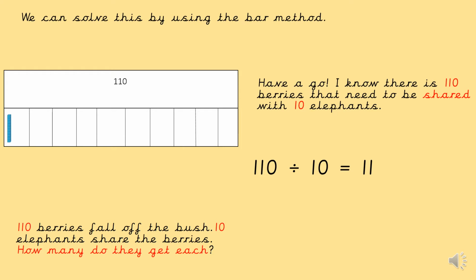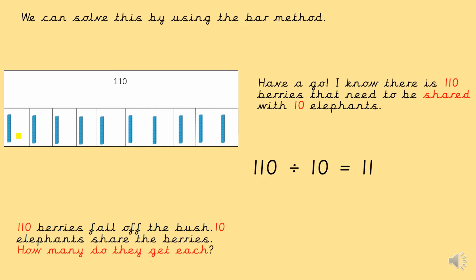I can count in tens. 10, 20, 30, 40, 50, 60, 70, 80, 90, 100. But I've got 110. And I've got 10 parts, so I know I can only draw 1 dot in each part now.